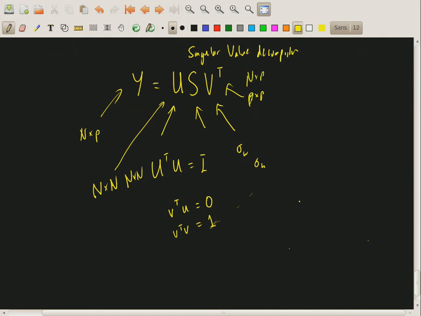If y is centered, so if y has its mean removed, then y transpose y, 1 over n, is the covariance matrix. It's just that old thing again, that the sum of y transpose over i can be written in matrix form y transpose y.